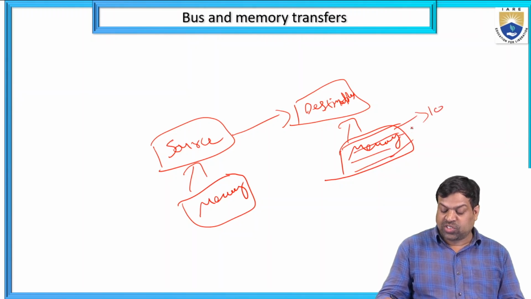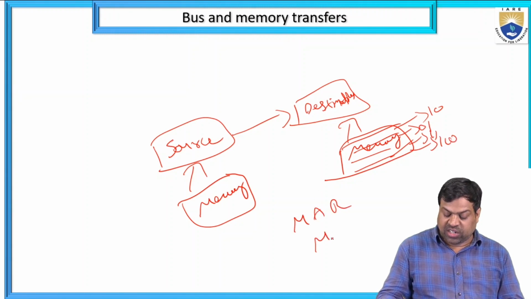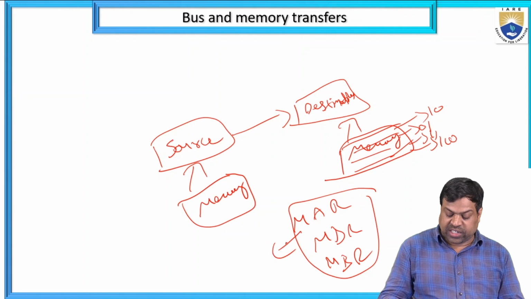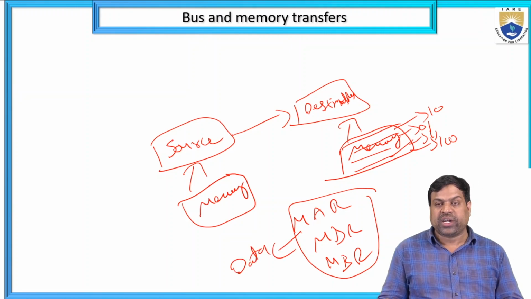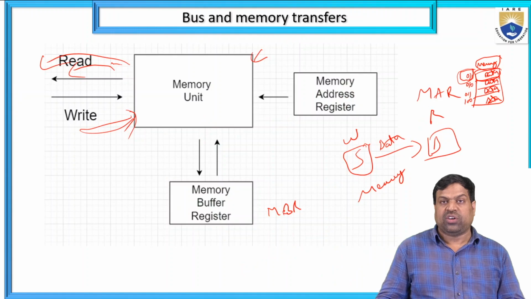So address is 10, 01, 11, 100 like this. I need memory address register, memory data register, and memory buffer register to transfer the data from source to destination, or performing read and write operations.